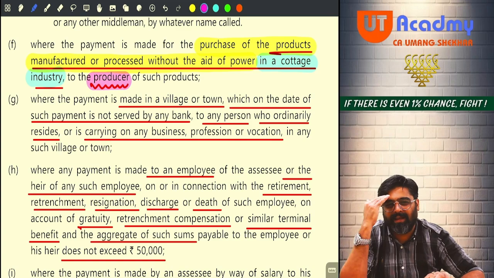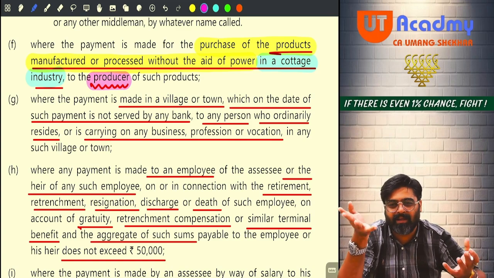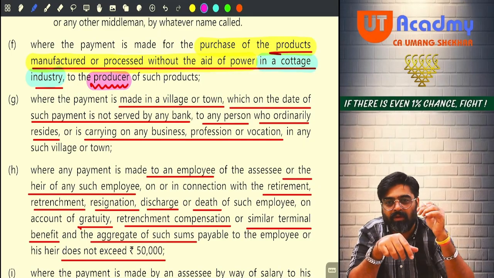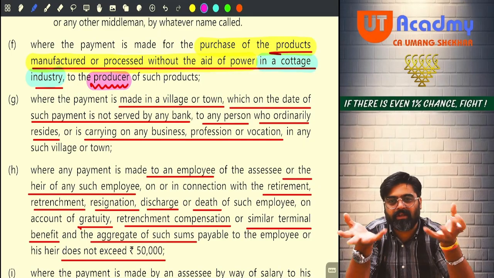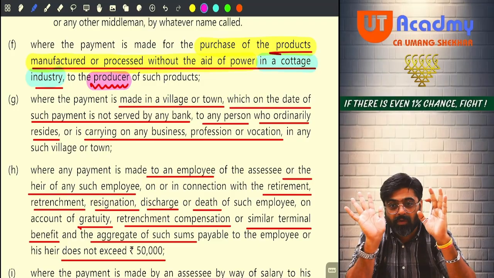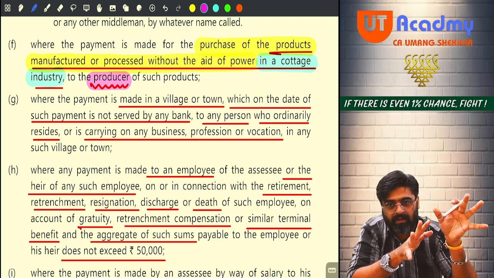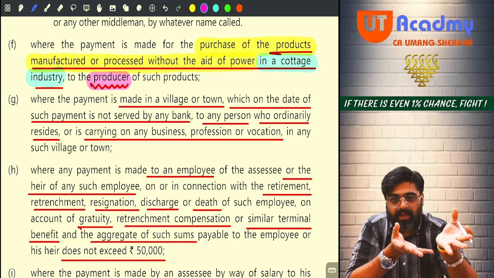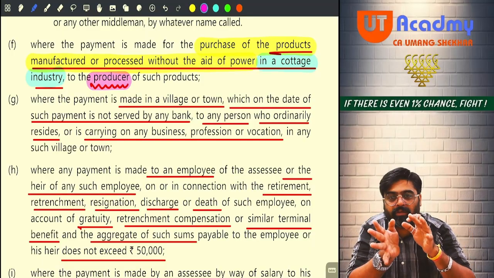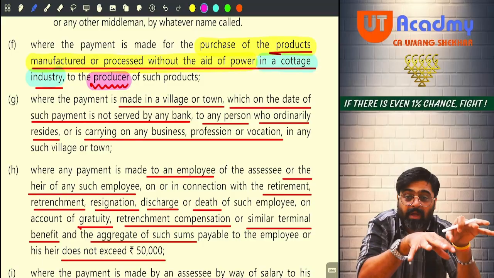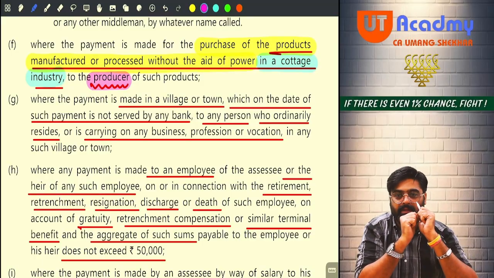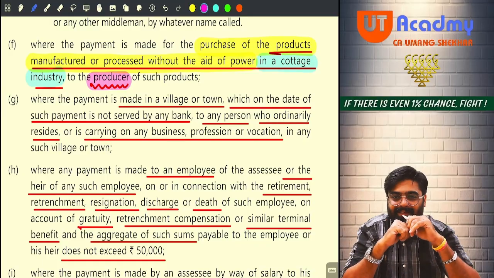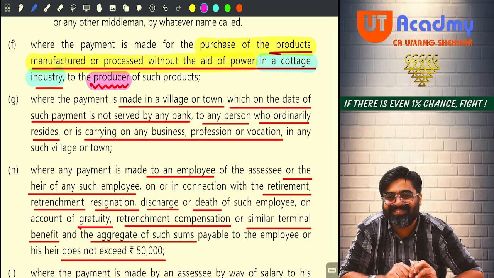Small handicraft items are there, no? Handmade items, baskets made of bamboos and all. Bamboo stick baskets are made. So cottage industries are running. And in any of the cottage industry, someone is producing a product without the help of electricity, a handmade item.